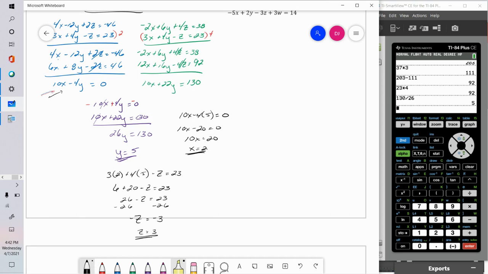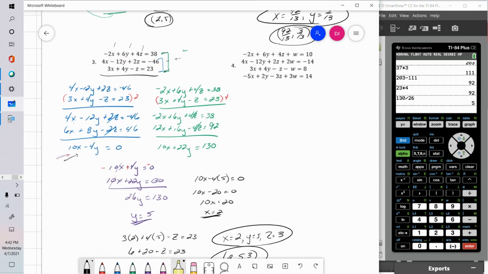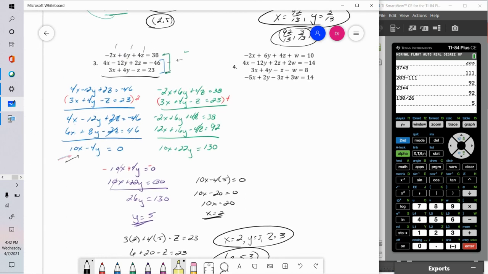So my solution is x equals 2, y equals 5, z equals 3, or I can write my ordered triple of 2, 5, 3. So notice the first piece I did in the green and the blue was to break the 3 by 3 system down into 2 equations by eliminating the z variable from 2 different pairs of equations. Then I solved the 2 by 2 system.